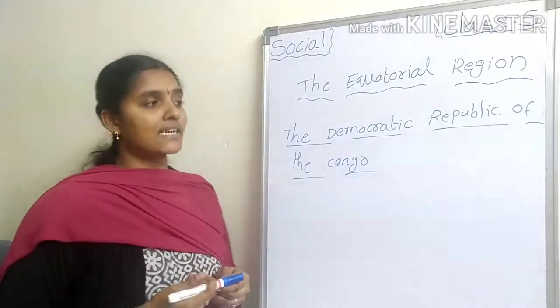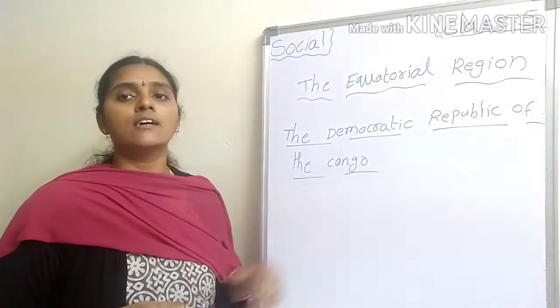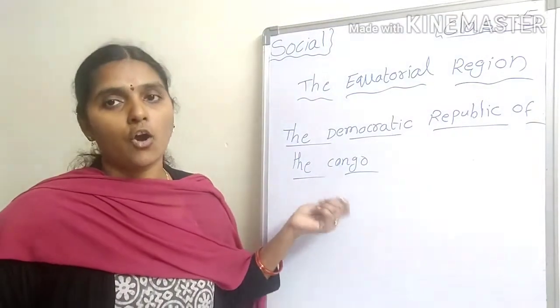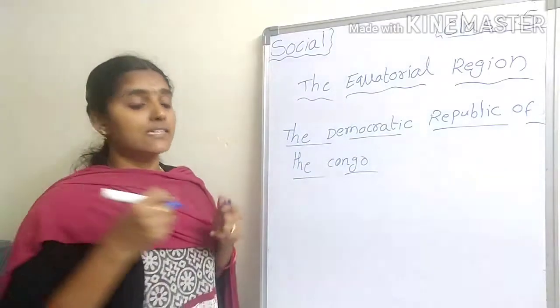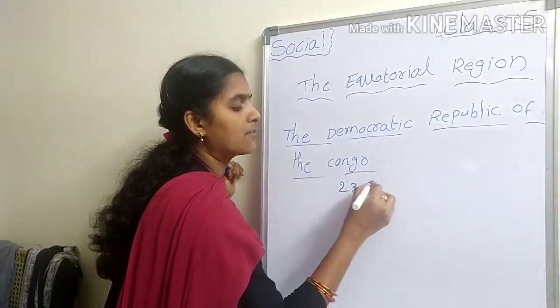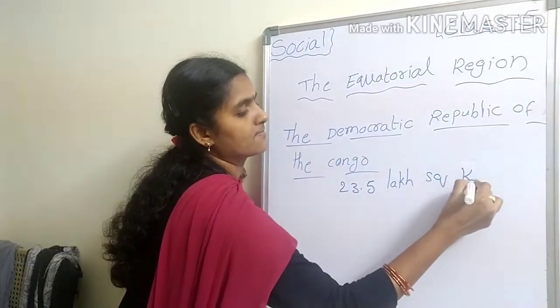The Democratic Republic of the Congo lies in the Equatorial Region, covering an area of 23.5 lakh square kilometers.